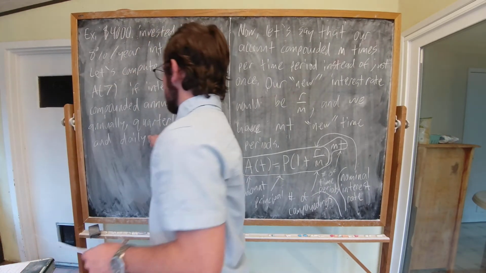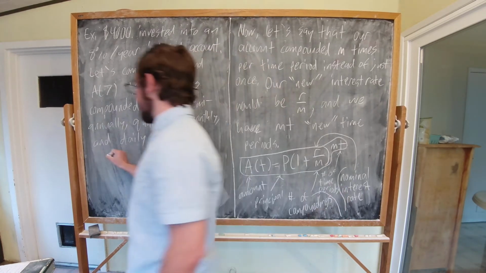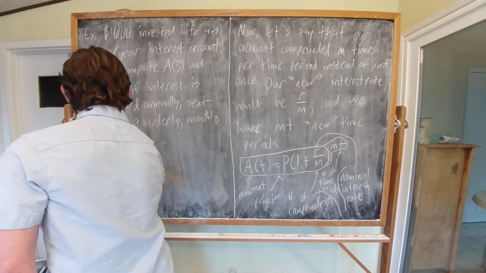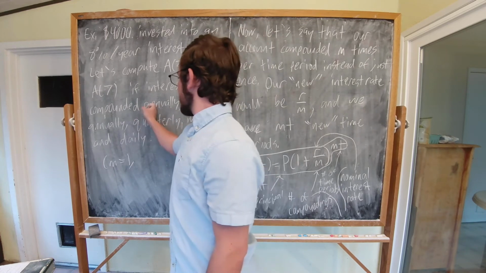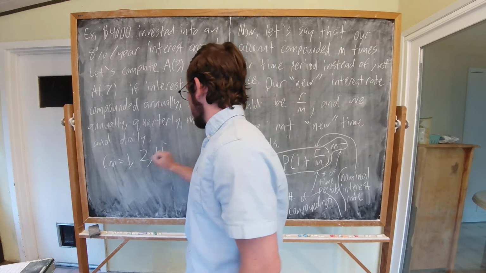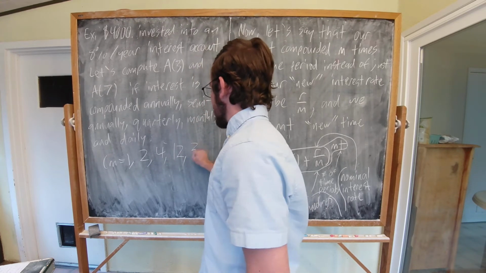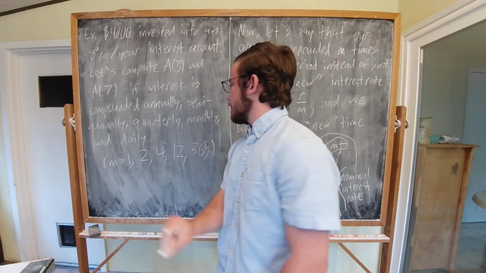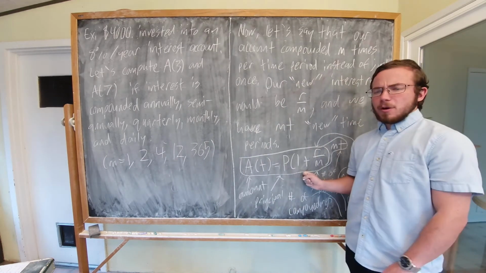So in other words, we're handling the cases M is equal to 1, 2 for semi-annually, 4 is quarterly, 12 for monthly, and 365 for daily. So this is the formula we're going to be using.